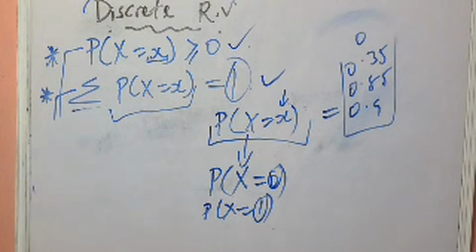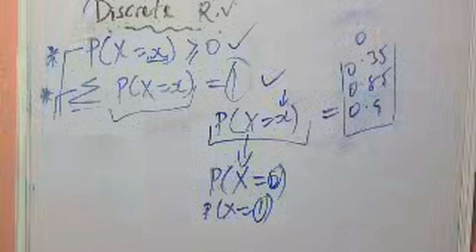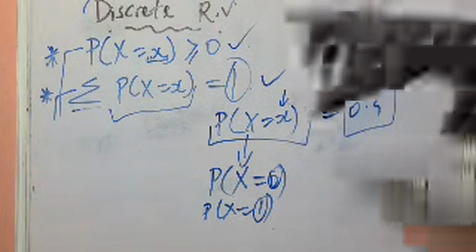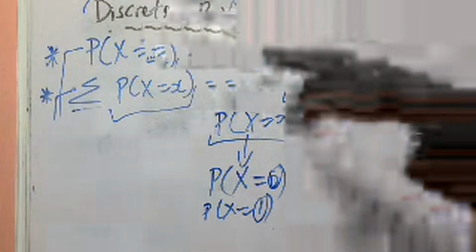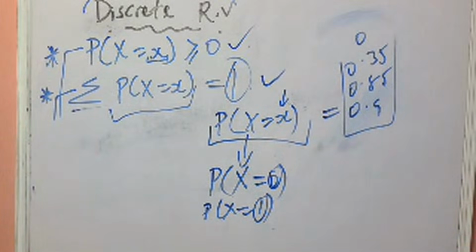I thought we said that when we were in class. So these two things are things you already knew, but we're just bringing it to perspective on the basis of discrete random variable. So a probability must not be less than 0, number 1. Number 2, the summation of all your probabilities must be equals to 1.